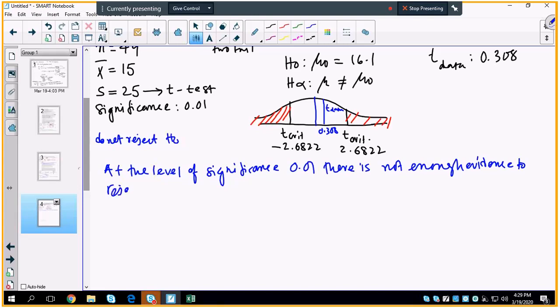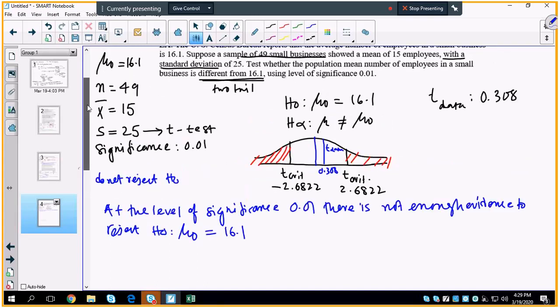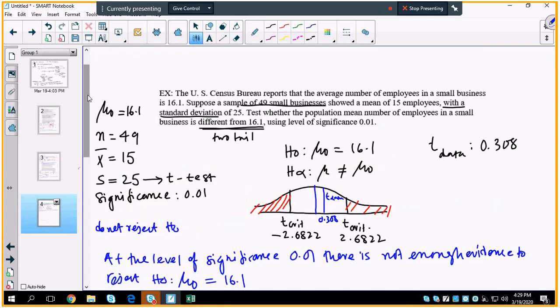So I'll just go ahead and say to reject H naught, which says that the existing mu naught is equal to 16.1. The average size of small business is 16.1. Should not be rejected. Answers my question.